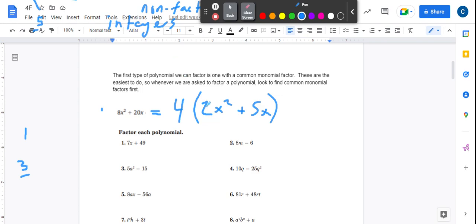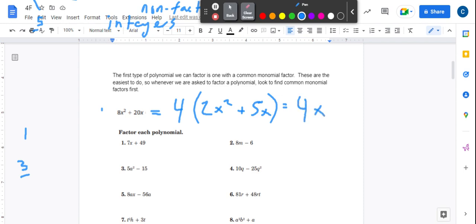We can't pull anything else out of the 2x squared or the 5x in terms of numbers, because we can't divide anything else that commonly goes into 2 and 5. However, both of these terms also have an x. We have an x squared here and an x there. So we could also divide out an x and pull it to the outside.